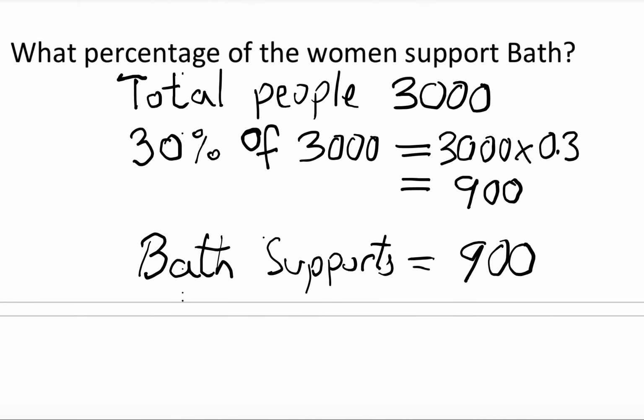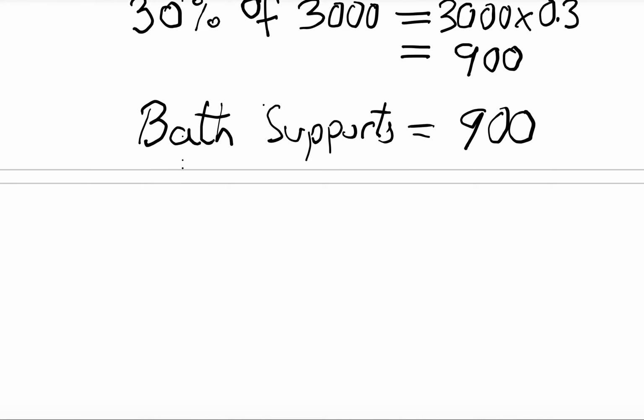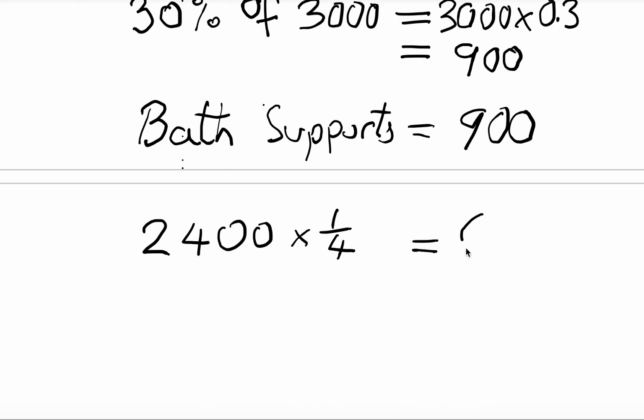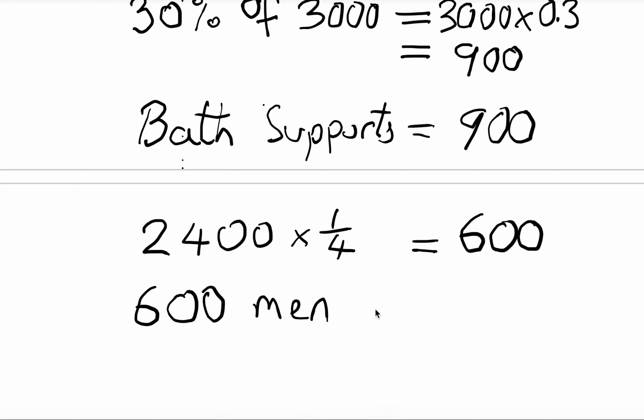So if we go 2,400 times a quarter equals 600. So that means 600 men support Bath.